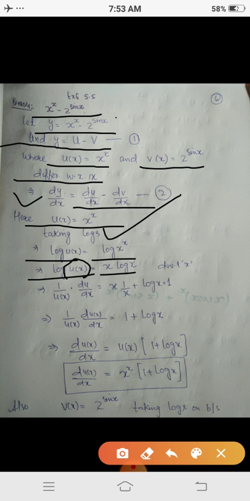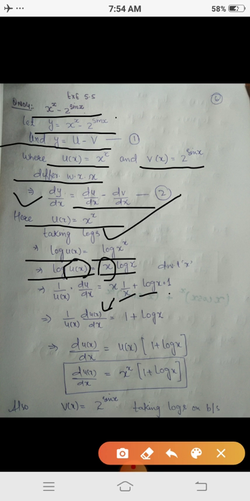Now here on the RHS we have a function which is the product of two functions. One is x, the second one is log x. So using the product rule of differentiation, which is first function into differentiation of second, the differentiation of log of x is 1 upon x, plus second function, that is log of x, into differentiation of first function.